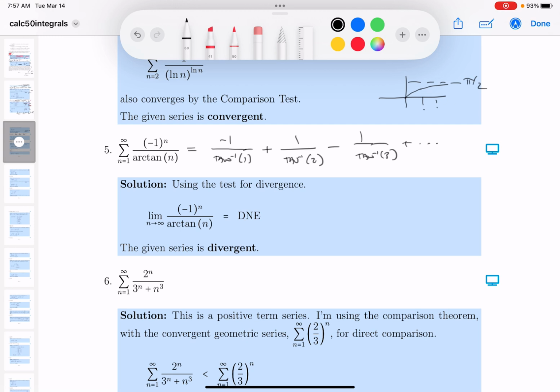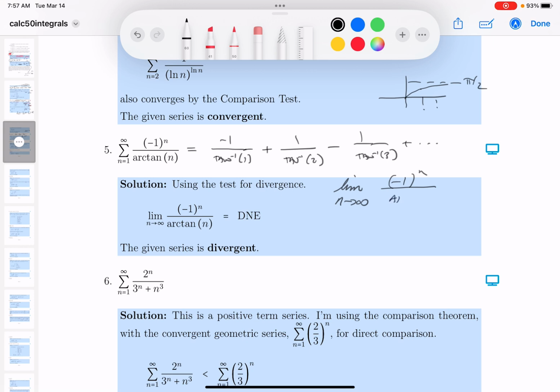The first thing I do is I always go back to a really simple test, which is the divergence test, all right? So I'm going to write this over here. So limit, and this is the easiest test to use, by the way, as n goes to infinity of the term, which is going to be minus 1 to the n over, and then what do you get on bottom?